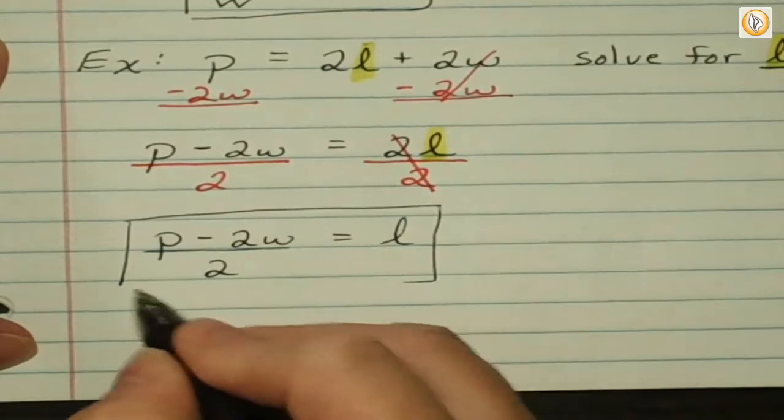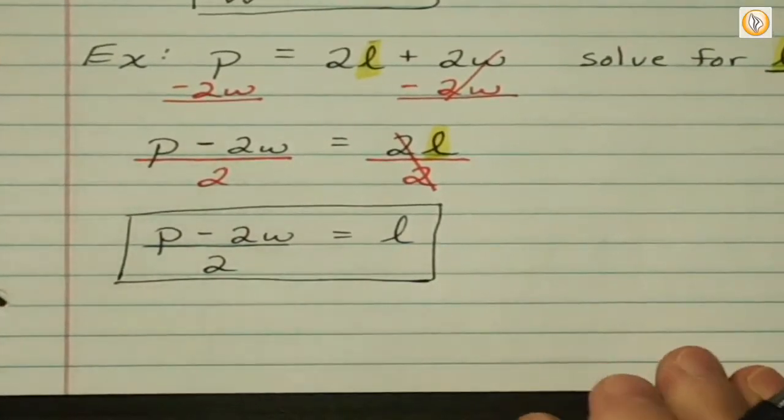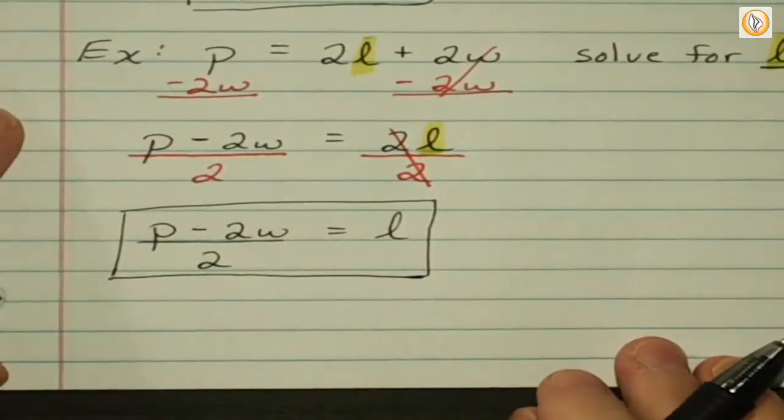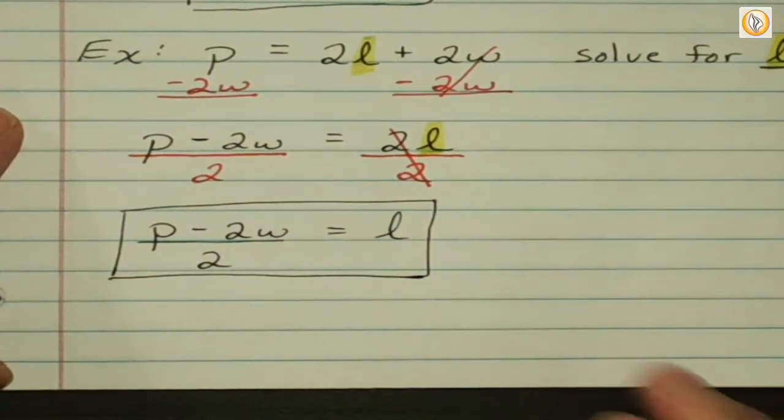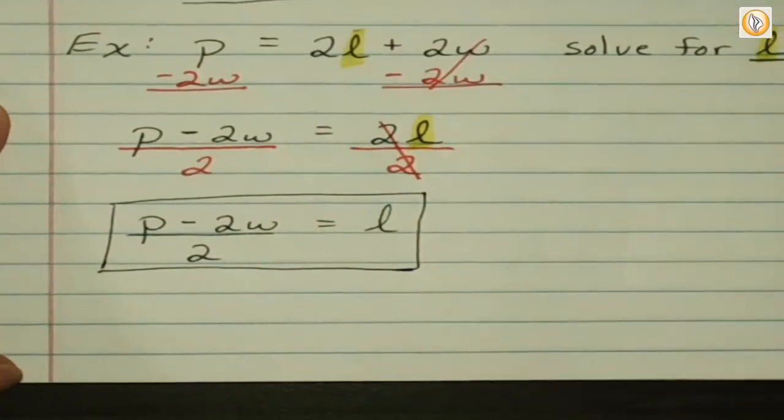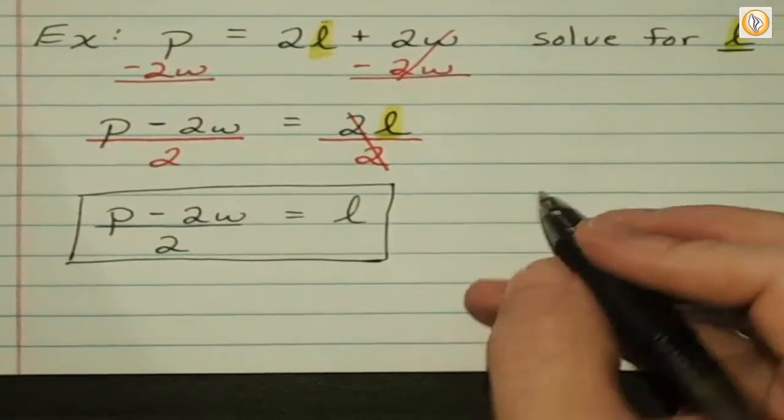Would you take the answer P over 2 minus W? I wouldn't do that, but I would just regularly ask them. How would you get that though? Because you divide 2W. That actually would work. But I'm not gonna do that.